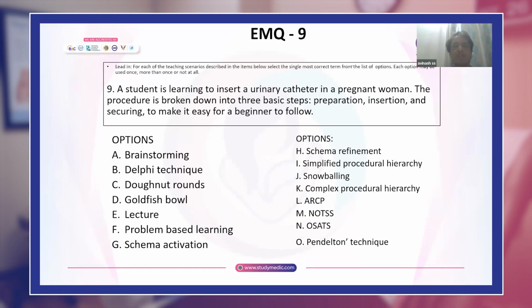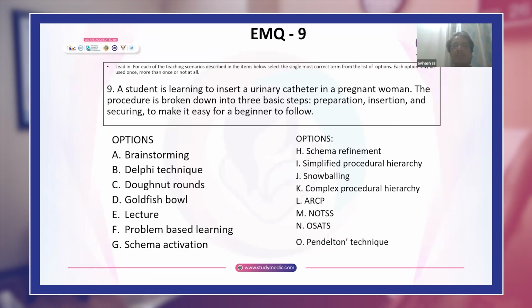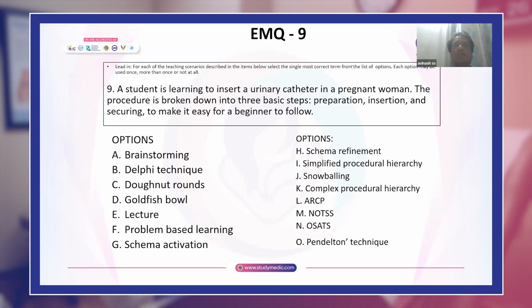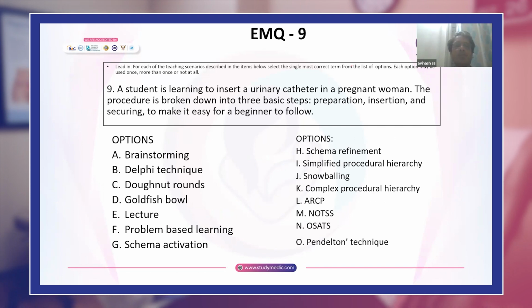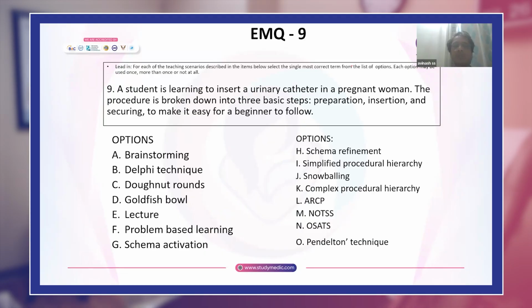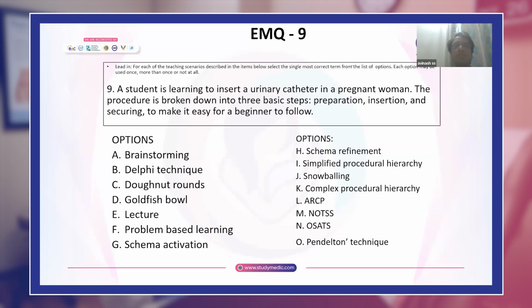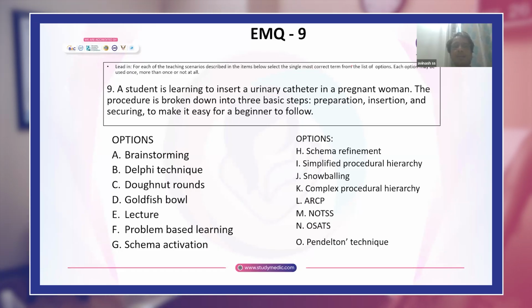Another EMQ scenario: a student is learning to insert a urinary catheter in a pregnant woman. The procedure is broken down into 3 basic steps: patient preparation, insertion of the catheter, and securing the tube, to make it easy for a beginner to follow. That means a procedure is being shown by a facilitator. There is a hierarchy.